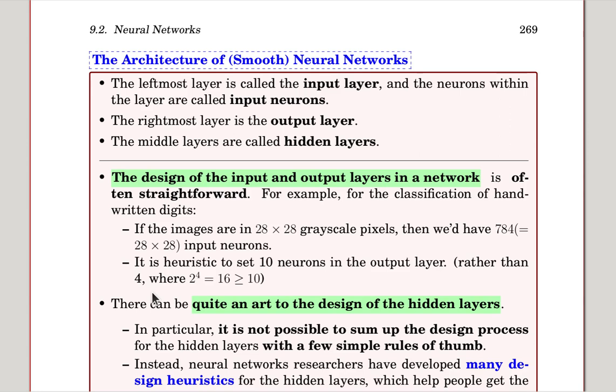You can do it. However, in practical simulation, setting 10 neurons in the output layer is much better. We'll see how we make the output layer. In fact, it is related to one-hot encoding. We'll see the detail later on.